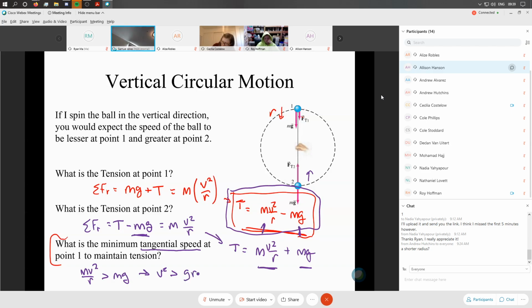And then I could take the square root of both sides, ignoring the negative solution. That would just tell me then that v must be greater than the square root of gr in order for my tension to remain positive. And if my value of v were to fall below that, that's when I would expect to lose tension in the string as it goes through its upwards motion, and then it wouldn't be in a circle anymore.